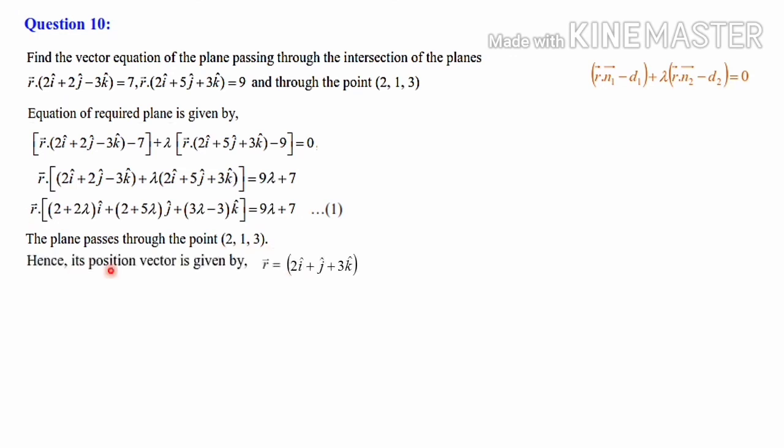The position vector is given by r equal to 2i cap + j cap + 3k cap. Then we have to substitute this in equation number 1.